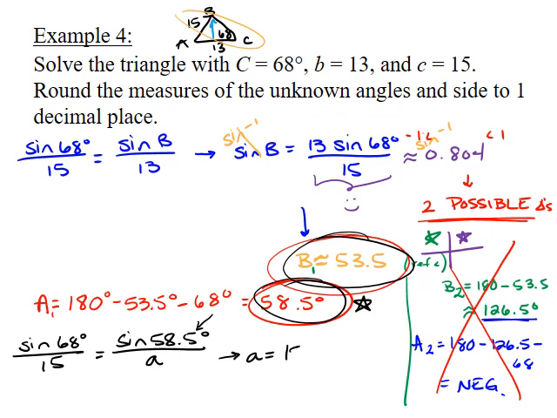So A is equal to 15 sine of 58.5 degrees over sine of 68 degrees. So A is approximately 13.8.